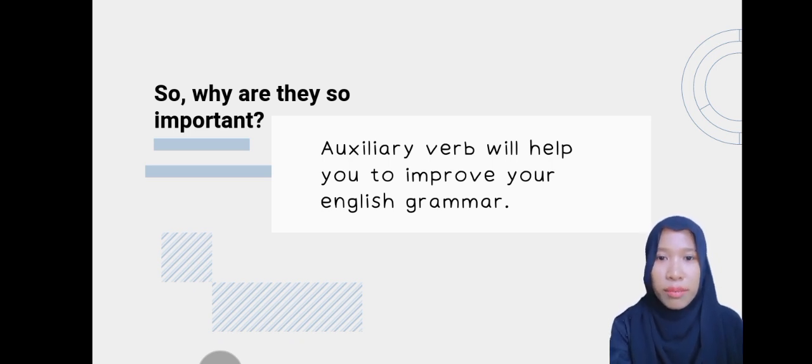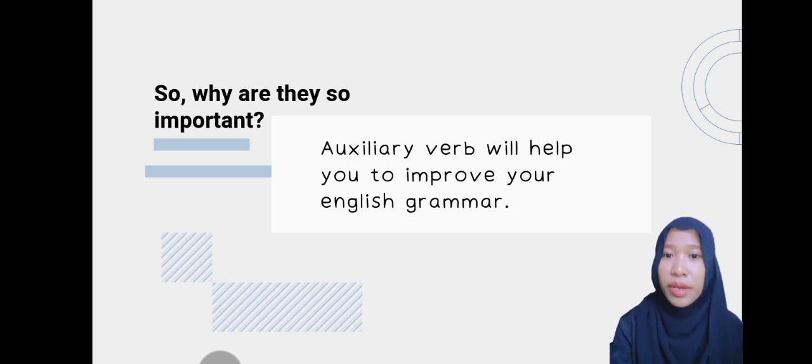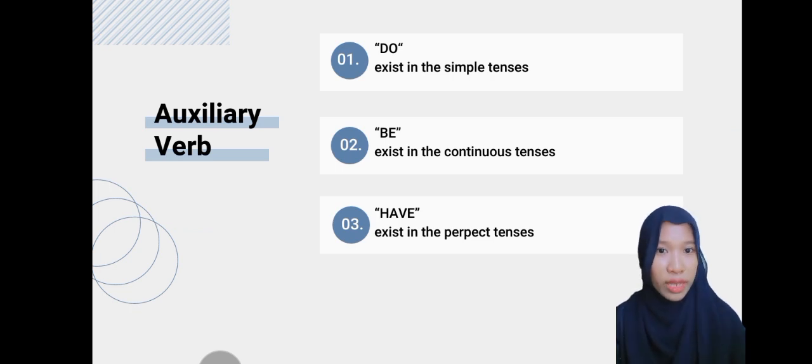Knowing a little more about the auxiliary verbs will help you to improve your English grammar because the relationship between an auxiliary verb and a main verb is very clear, plain, and simple in English. The auxiliary verb do exists in the simple tense. Thus, the auxiliary verb be exists in the continuous tenses, and the auxiliary verb have exists in the perfect tenses.